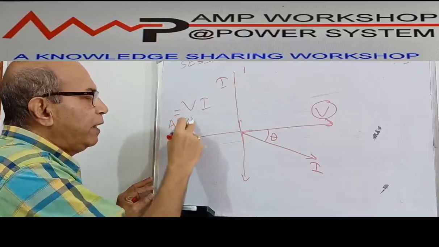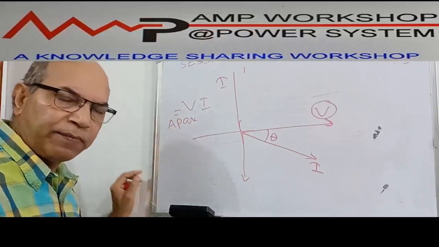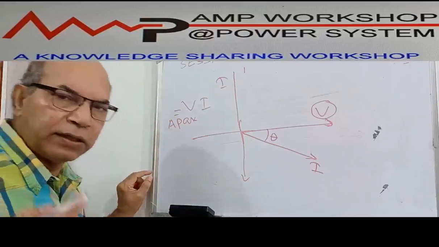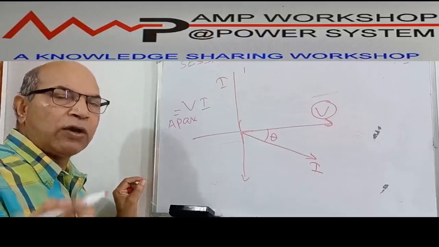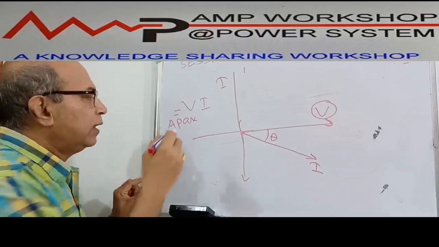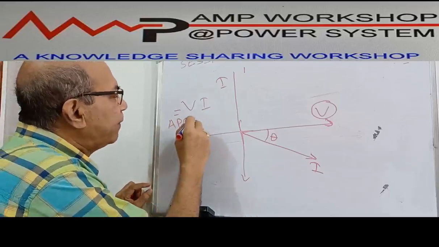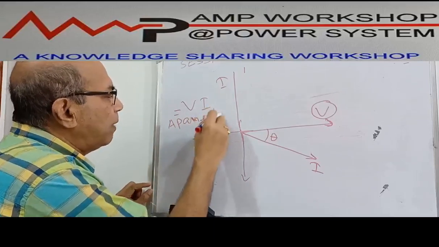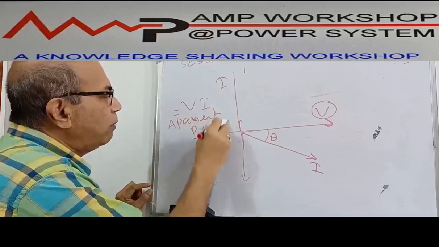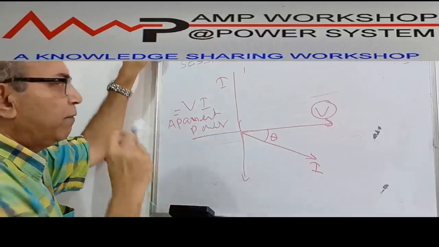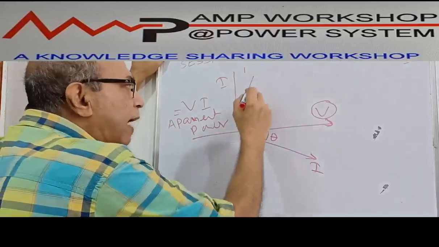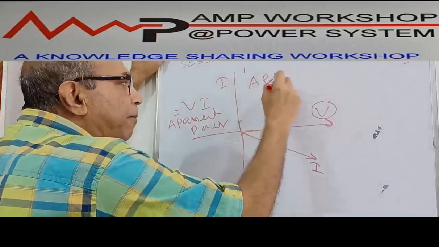In case of an AC inductive, capacitive or combination circuit, inductive plus resistance plus capacitance, or any combination, that is what we call apparent power, or volt ampere. So apparent power in case of an AC circuit is the first terminology we use.